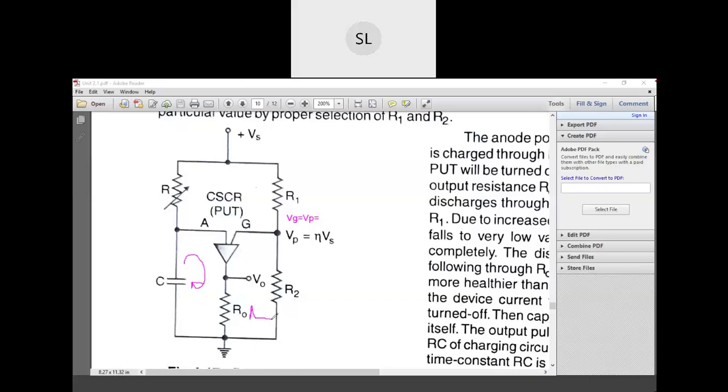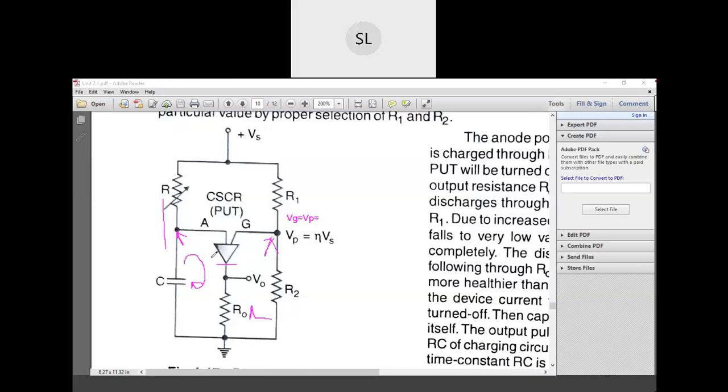Once we apply the supply voltage to this relaxation oscillator, the capacitor charges through resistor R. The voltage across the capacitor is the potential at the anode terminal of this PUT. When it exceeds the voltage at the gate terminal, which is the peak point voltage of this PUT, the PUT will be turned on.